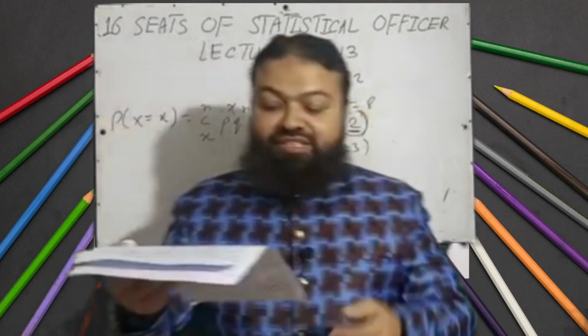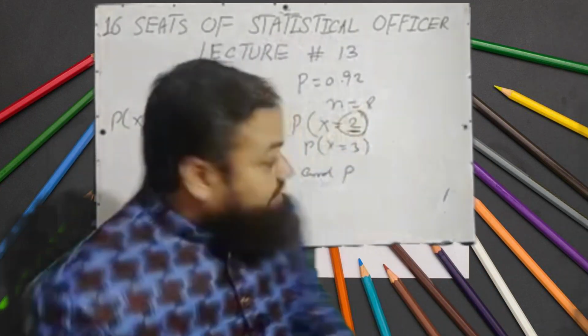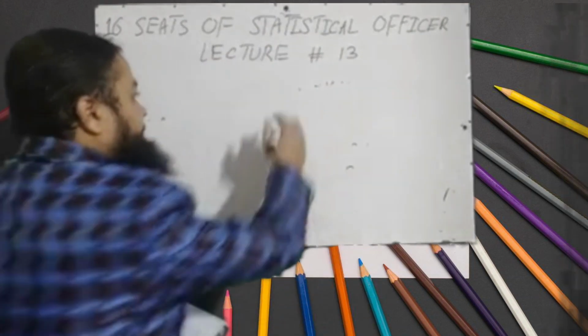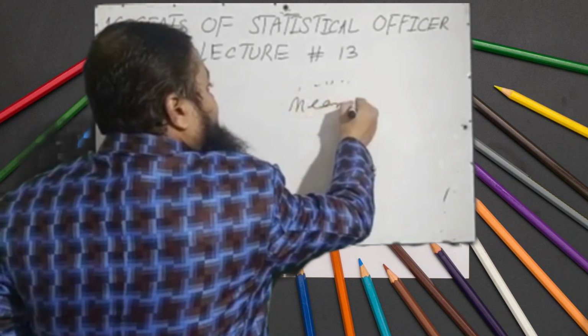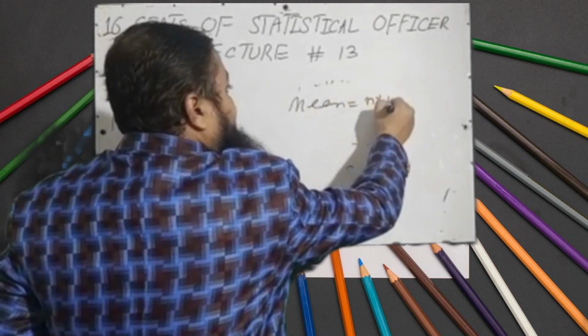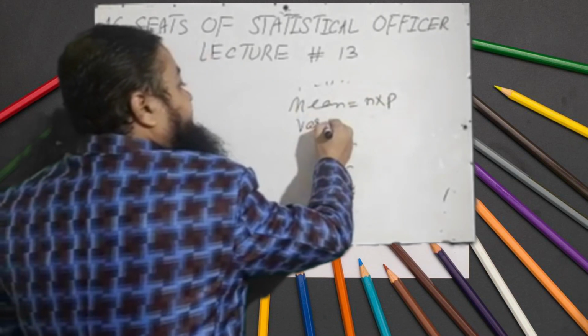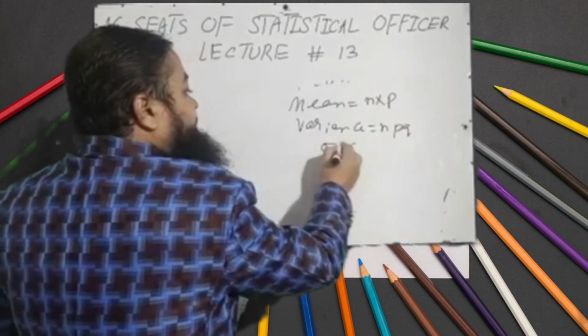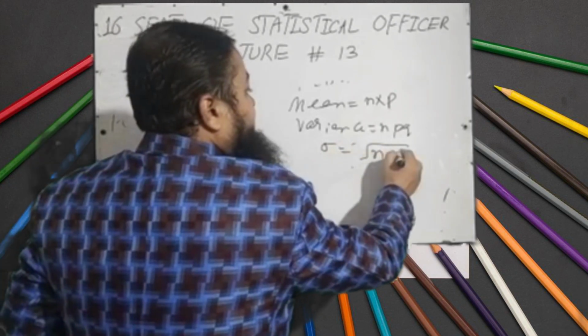There are 2 parameters. Question number 10: the mean of the binomial distribution. We know mean of the binomial distribution is n multiplied by p and its variance is npq and the standard deviation is under root npq.